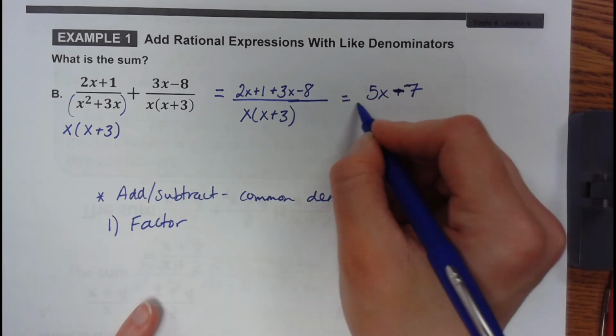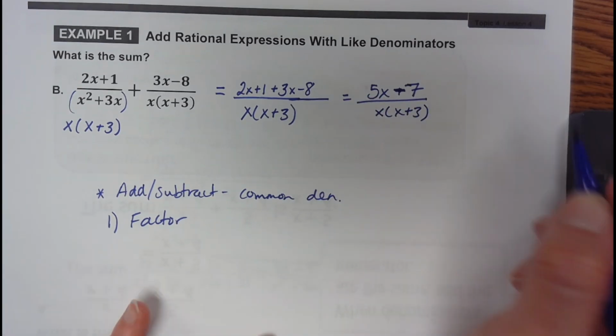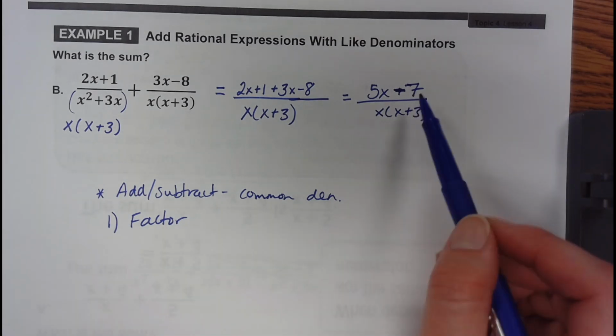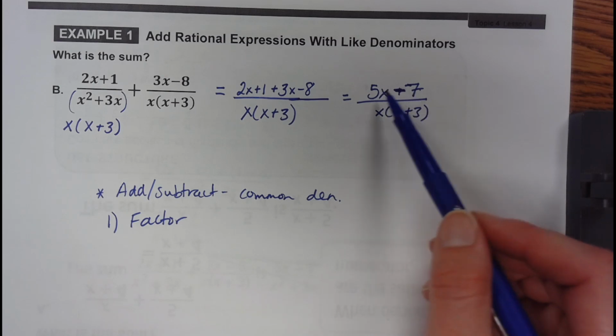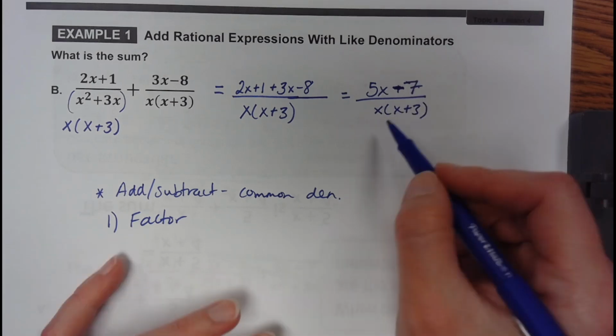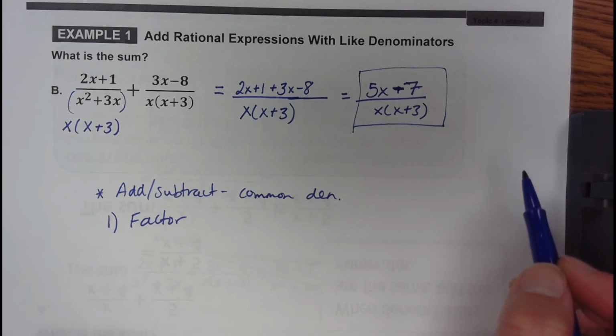And then that is all over my x plus 3. Now, a lot of times we're going to want to double check. There's nothing else that can factor out, so these aren't going to cancel out. That is our answer.